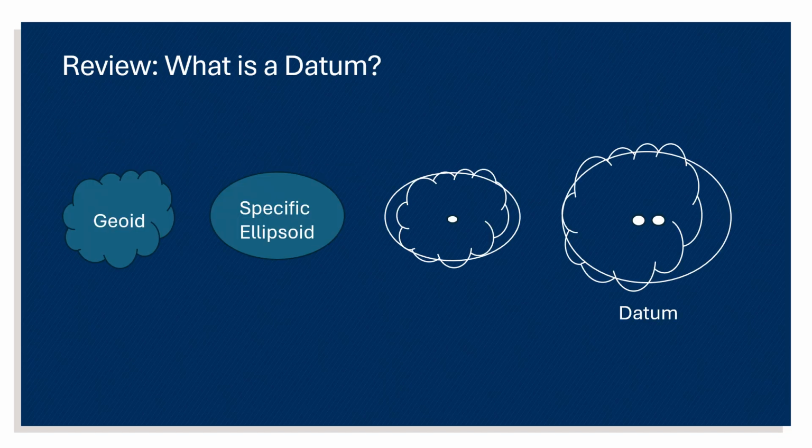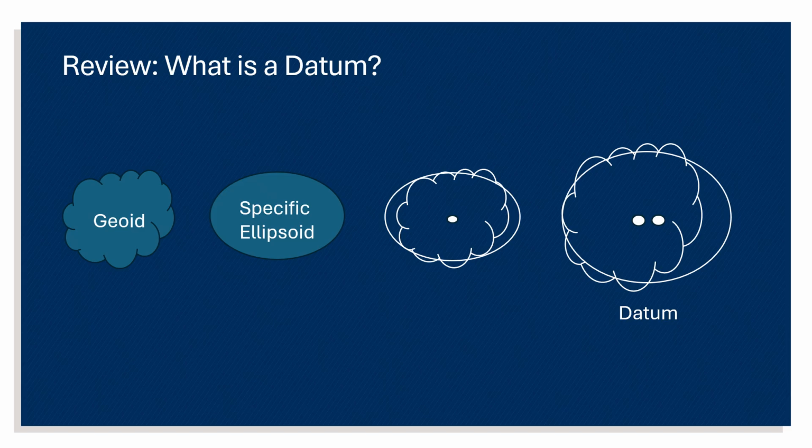So a review from the first video: the geoid is the gravitationally defined surface of the Earth, and a specific ellipsoid is measured by its major and minor axis, the long and short axis of the shape. It's mathematically perfect, but it does not perfectly match the surface of the geoid.